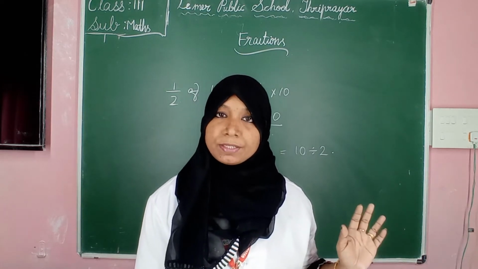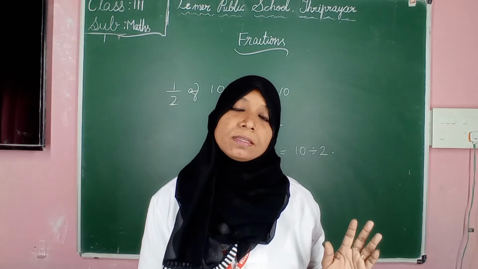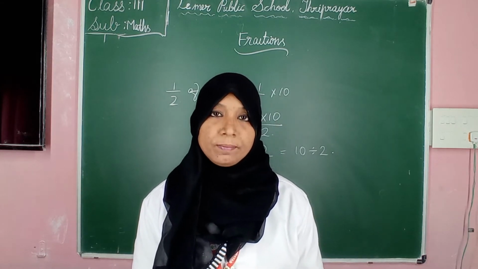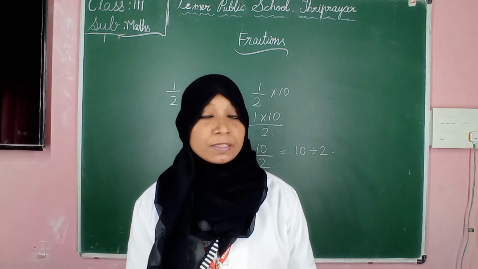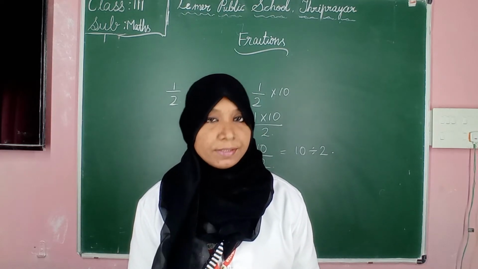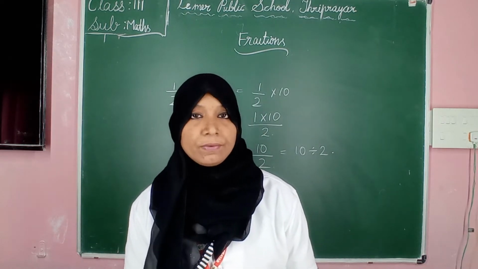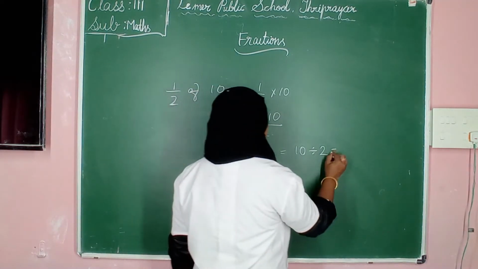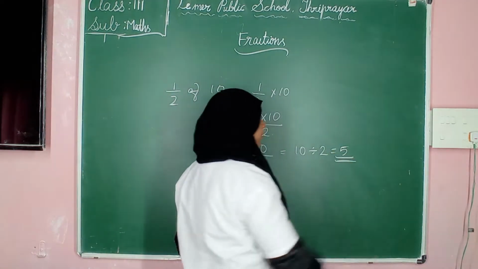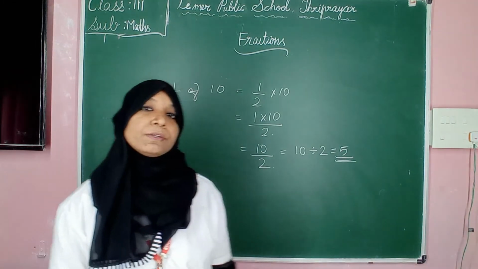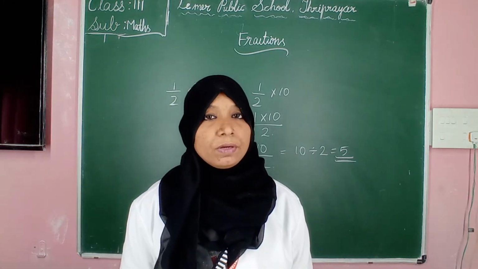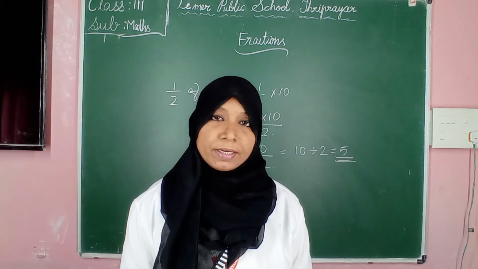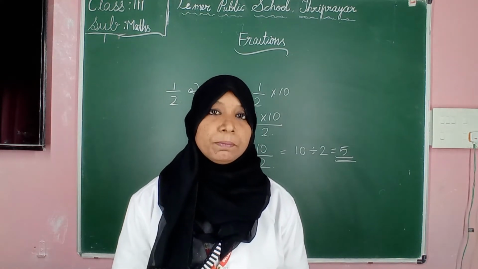We know 2 into 5 equals 10. So the answer is 5. This way we can find out the fractional part of a whole.